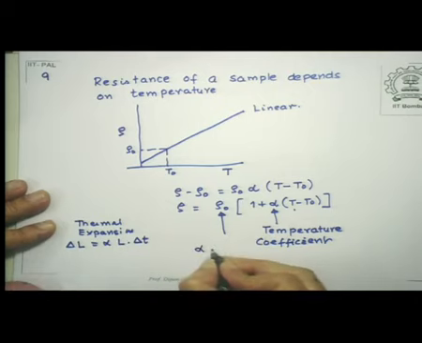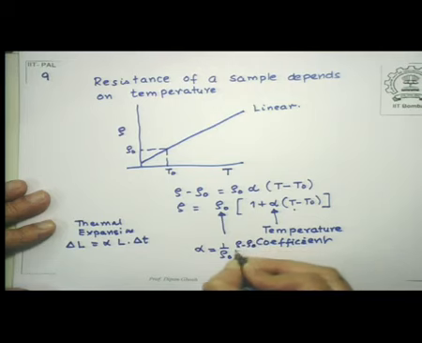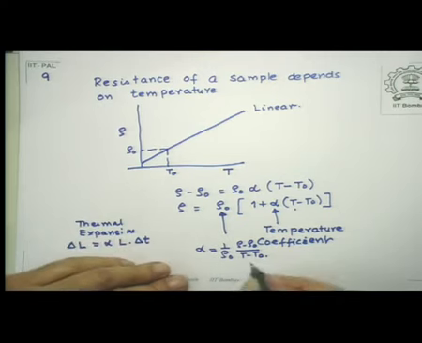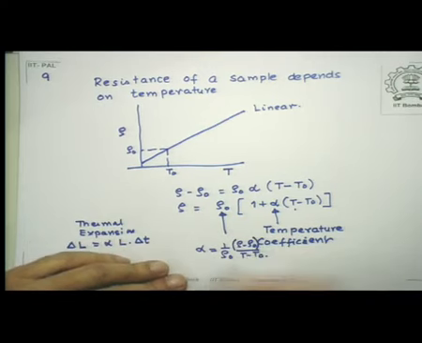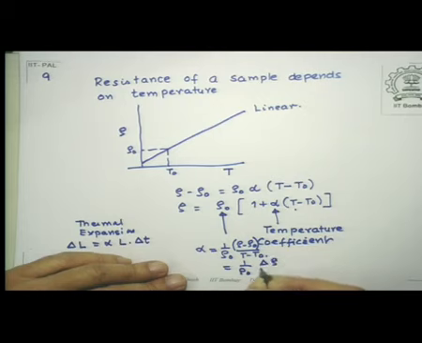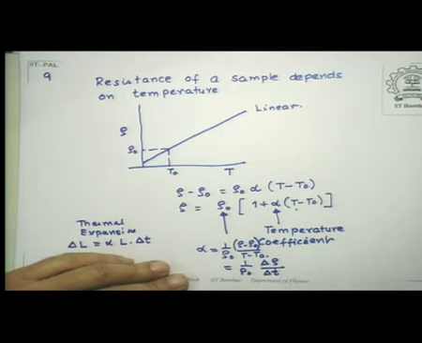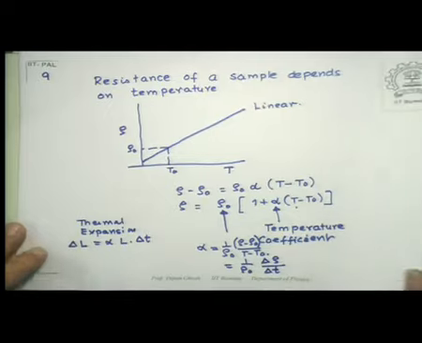So alpha is 1 over rho naught, rho minus rho naught divided by T minus T0. This is the change in resistivity when the temperature changes by T minus T0, so this quantity can be written as 1 over rho 0 delta rho by delta T. Now this is the definition of the temperature coefficient of resistivity.